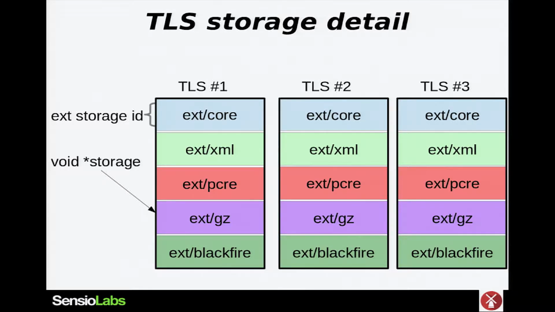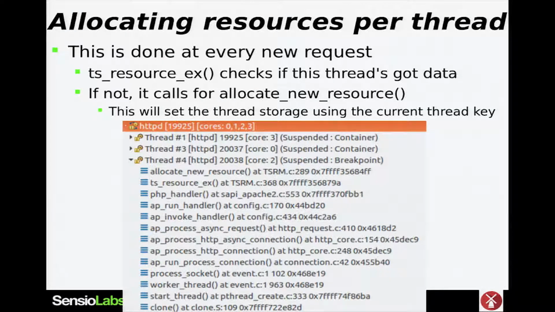That's all, okay? This is an extension Blackfire developed for Sensio Labs. So I took this as a picture. So how does it work? This is done at every new request.